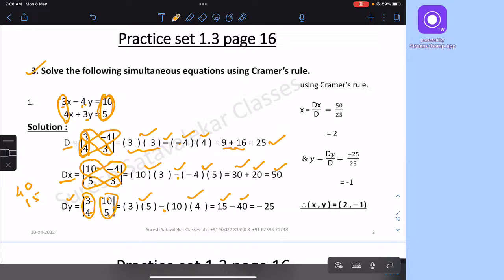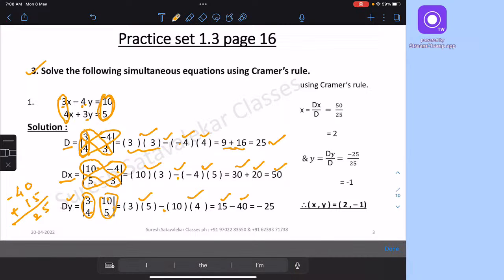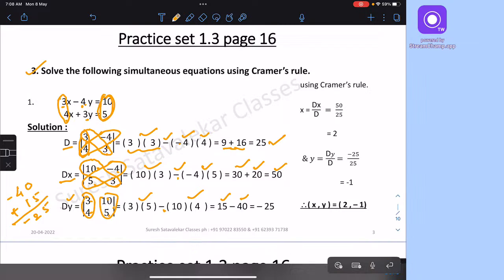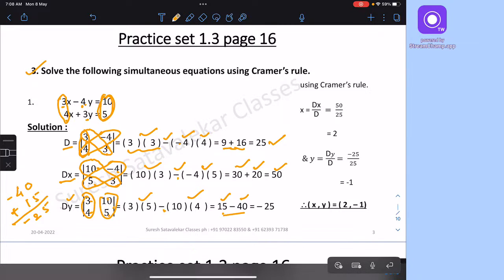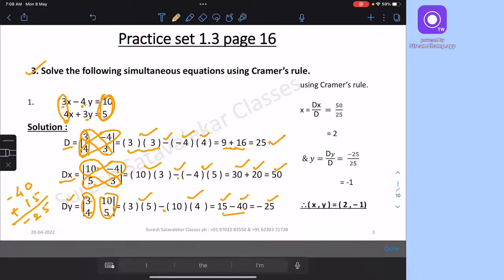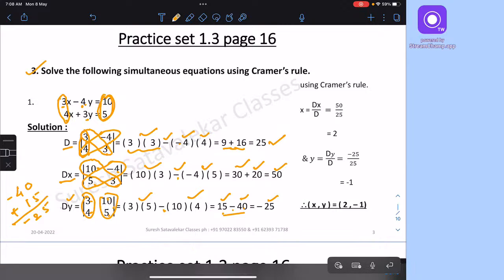When you have numbers of different signs, you take the difference. 40 minus 15 is 25, and give the sign of the greater, so minus 25.